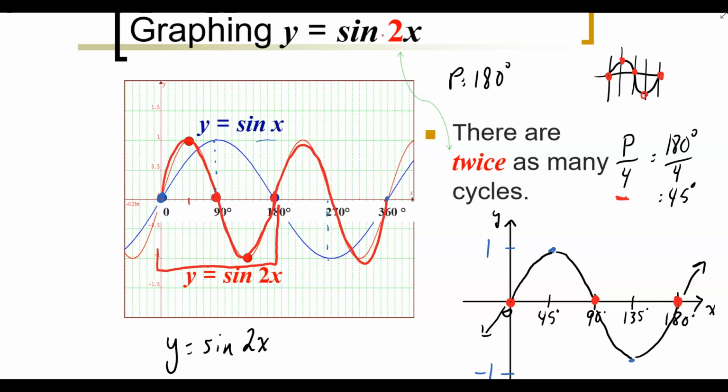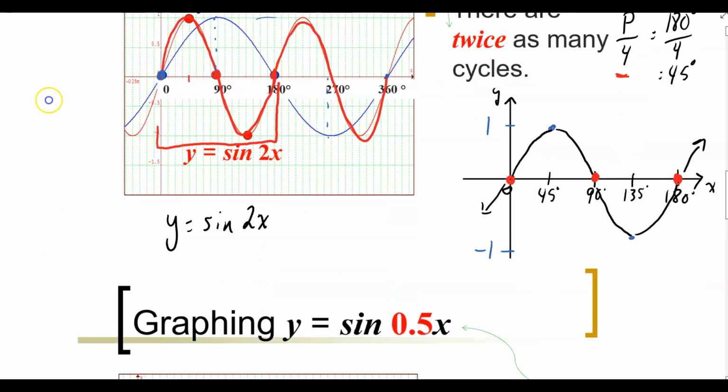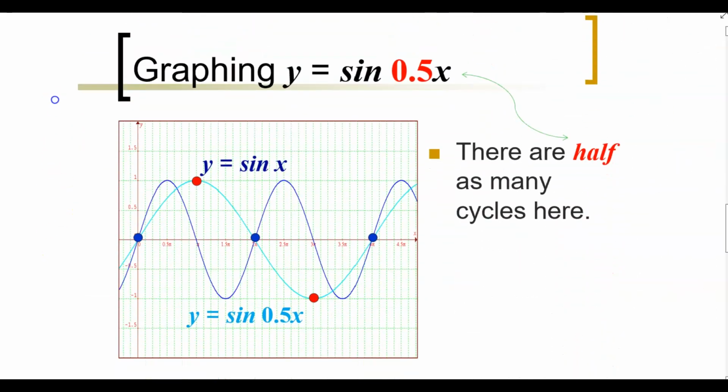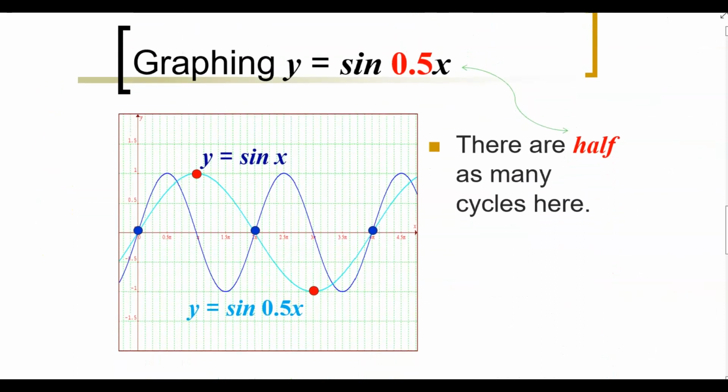Now let's take that knowledge and look at graphing another one with a different b value. I'm going to graph y equals sine 0.5x. This tells us there are half as many cycles in 360, not twice as many like before.